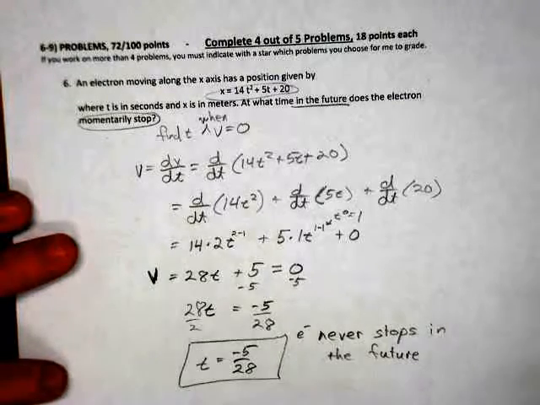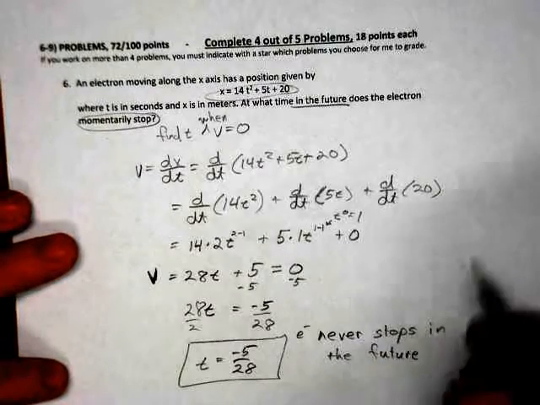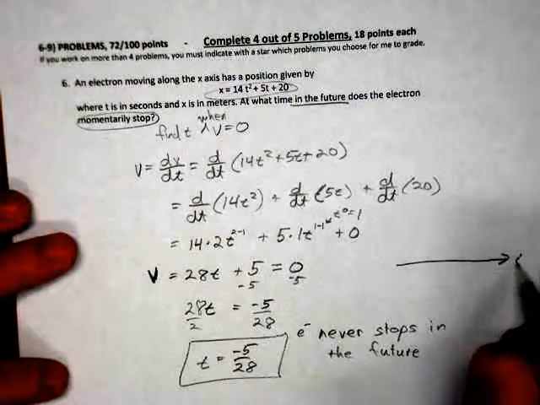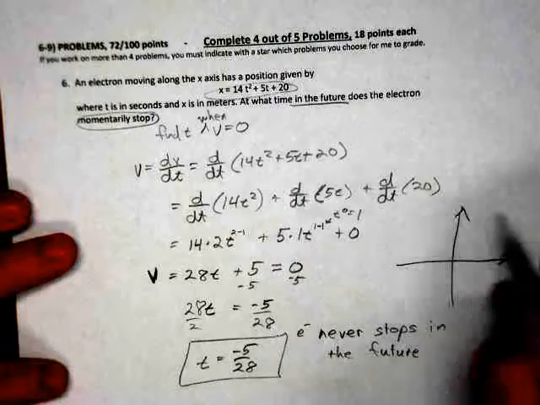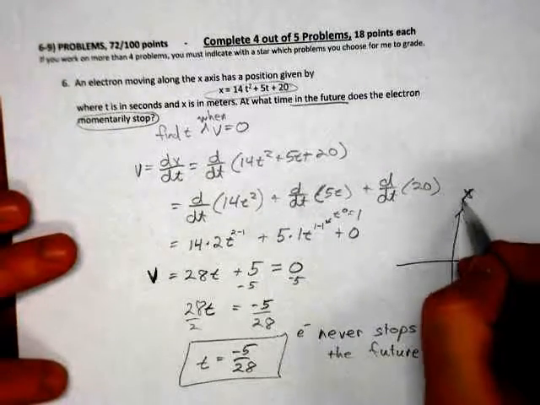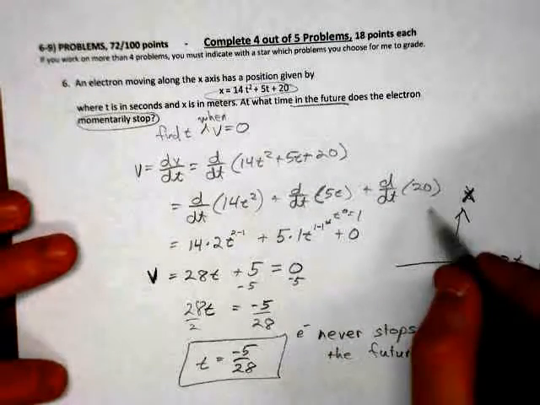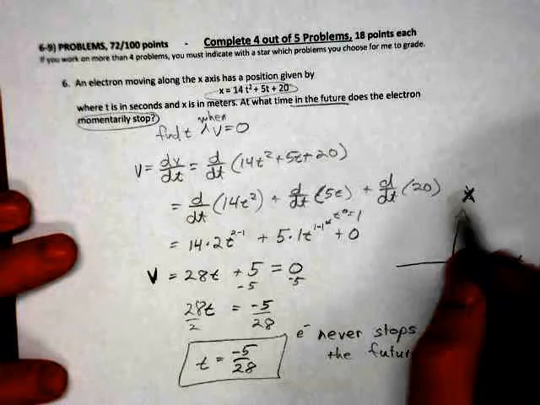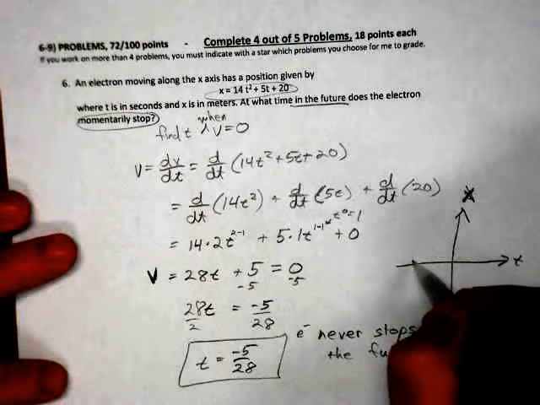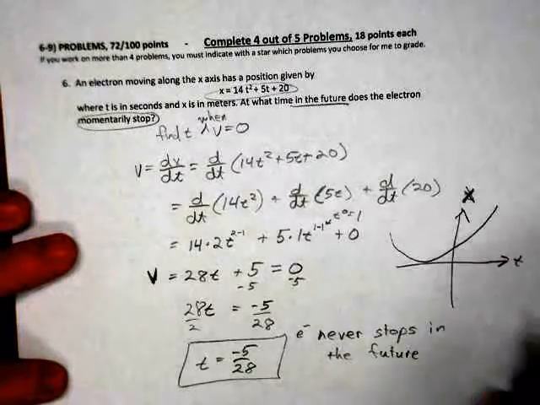What does it actually mean if you get a negative time? Well, if you have this is x, and you have some quadratic, so it's going to look something like, I don't know. This is not this particular function.